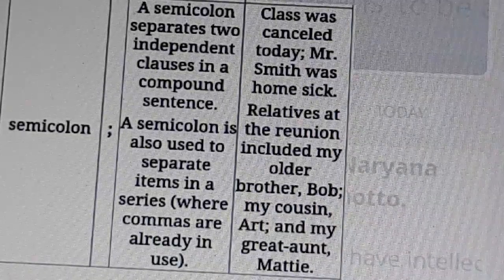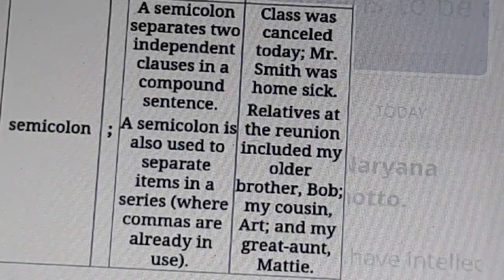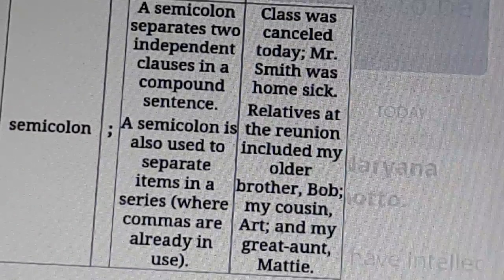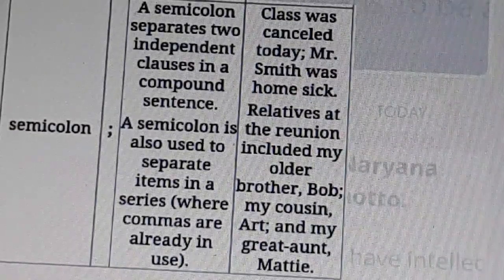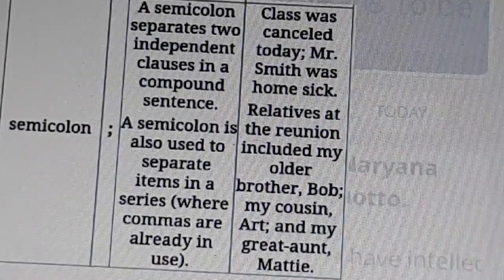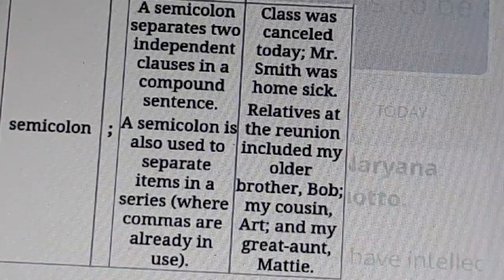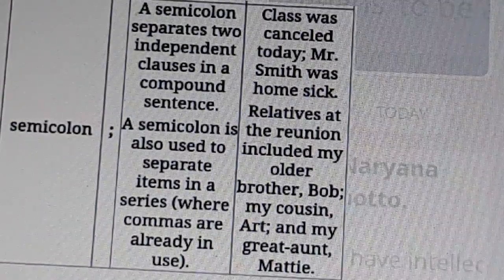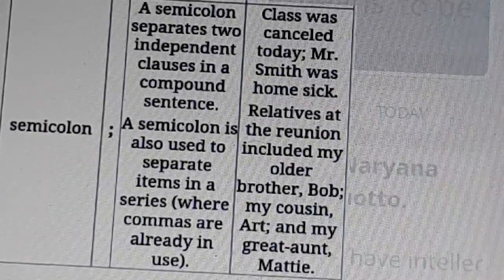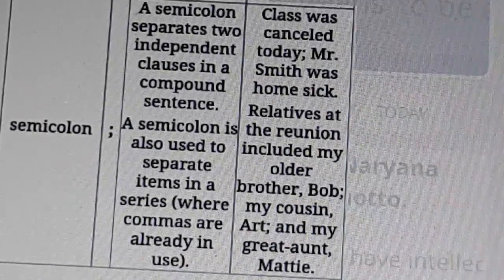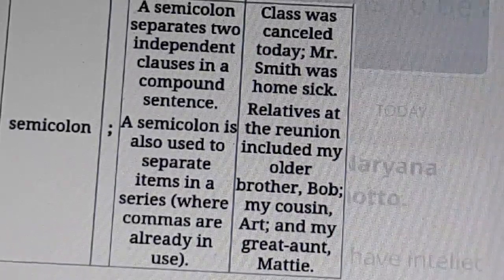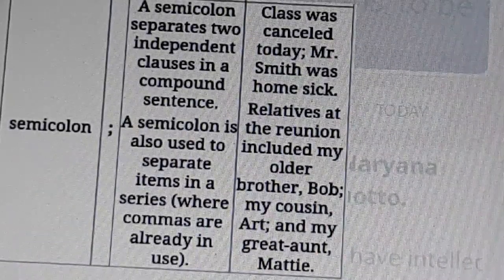Here, after brother comma Bob, brother Bob and my cousin Art are separated, and so we put a semicolon there. For the separation of two independent clauses in a compound sentence we use a semicolon, and it is also used to separate items in a series.